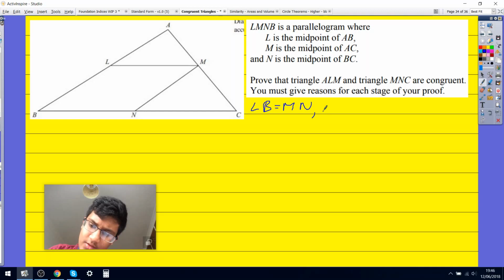So AL equals MN because, well, we know that BA and NM are parallel sides.